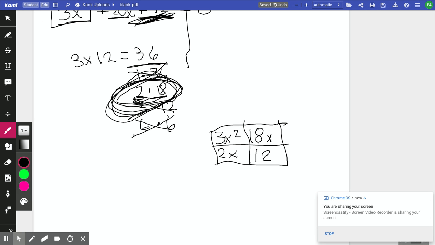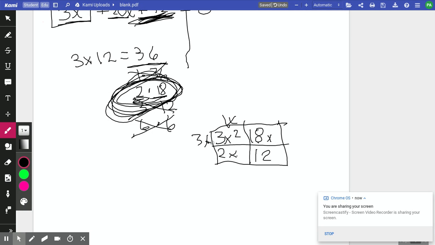And then for the outside numbers, you're going to want to put the two numbers that multiply to get the inside box. So for your first box, you would put 1x, and then right here you would put 3x.